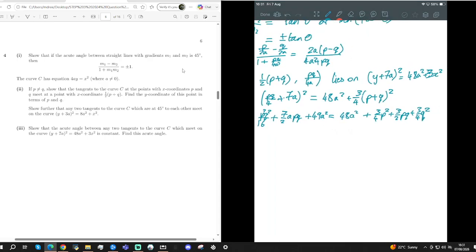I'm going to keep referring to what I want to create. So I would really like a p minus q times by an a.